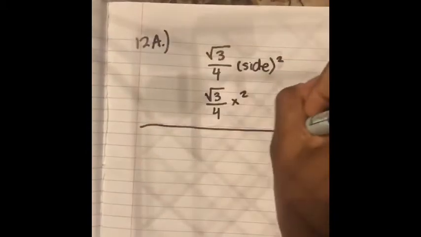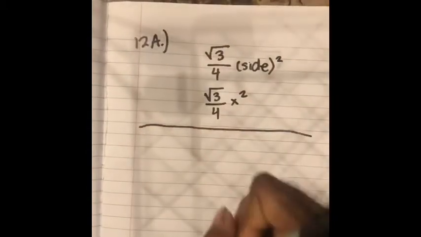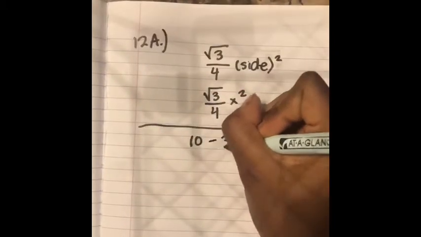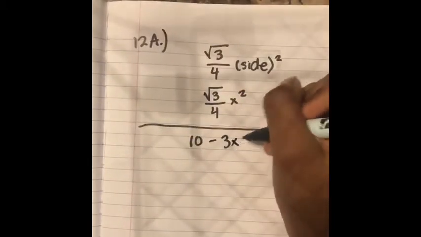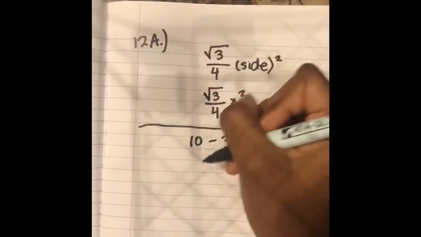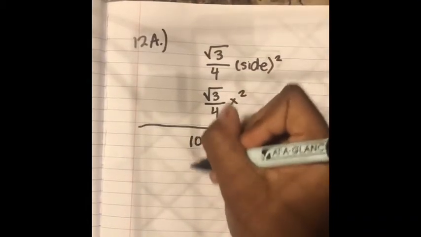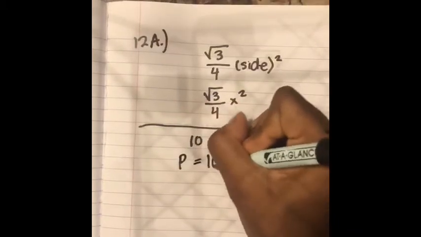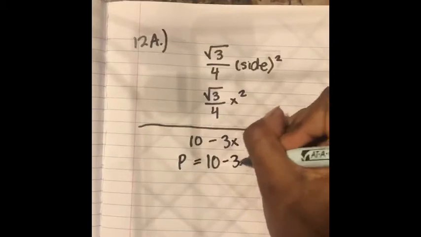Okay. Then you know that the wire length is 10 minus 3x. The 3 from the sides and the 10 from the meters. So the perimeter would be P equals 10 minus 3x.